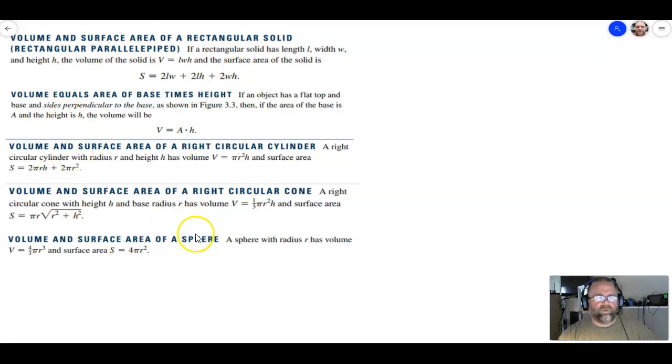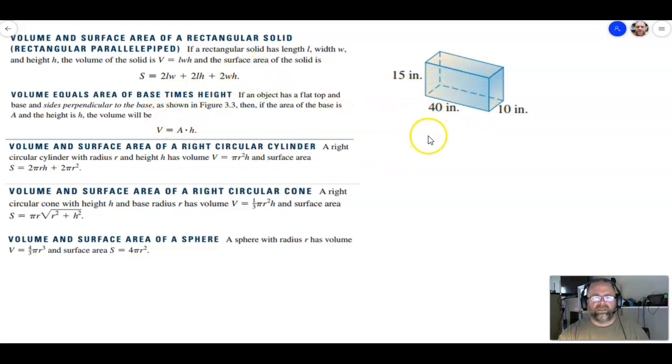So we've got lots of formulas here. This is for a rectangular solid. Let me show you what that looks like here. Okay, this would be a rectangular solid here. And it's really defined by having a rectangle on the 2 bases, that would be the opposite sides.